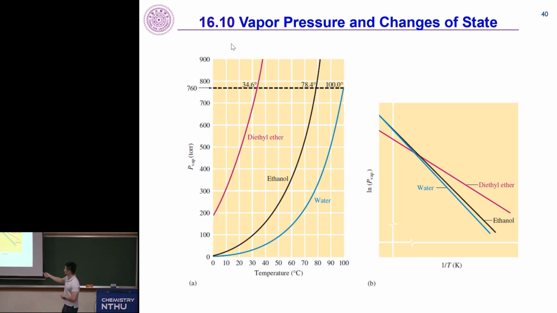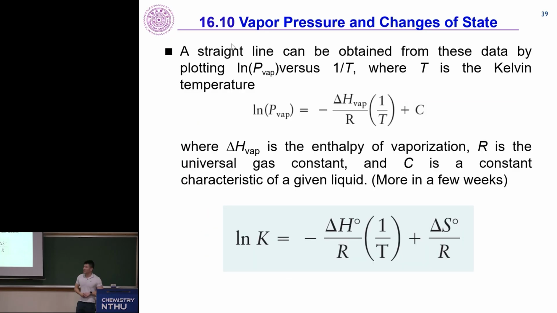And why do we do this conversion? Natural log on the y-axis and 1/T on the x-axis. It is because we have an equation that directly correlates your vapor pressure to temperature. That is, natural log of P vapor equals minus delta H vaporization, the heat of vaporization, divided by R, the ideal gas constant, multiplied by 1/T in Kelvin, not in degrees C, plus C. C is the offset.